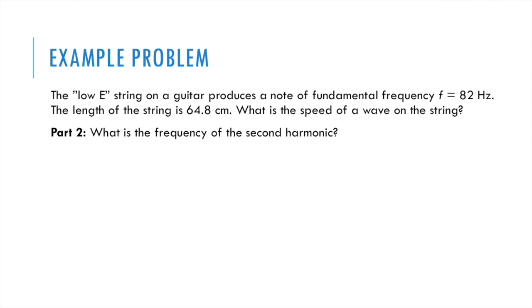Okay, here's a basic example using a guitar where we have the fundamental frequency and the length of the string. If we want to find the wave speed on the string, all we need to do is use the equation we came up with and the wave equation.